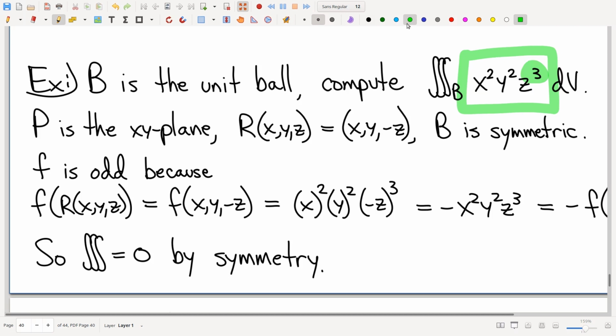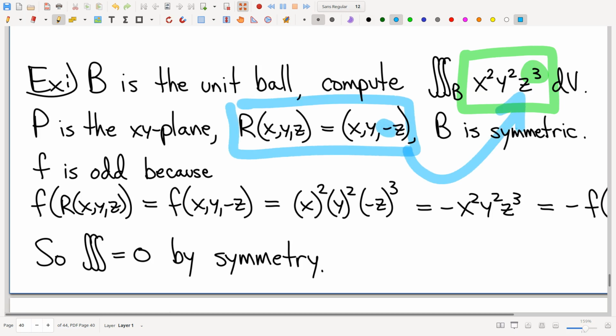So the fact that there is a cube on the z is why I wanted this to be my reflection. I want this minus sign from the reflection to go into there so that you can see how the algebra works out, right? I'm just trying to cleverly arrange for this to give me the minus sign that I need, just like here.